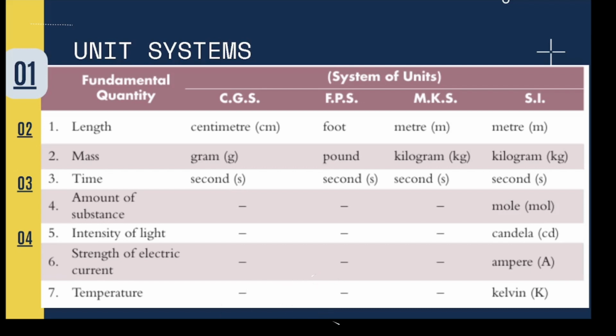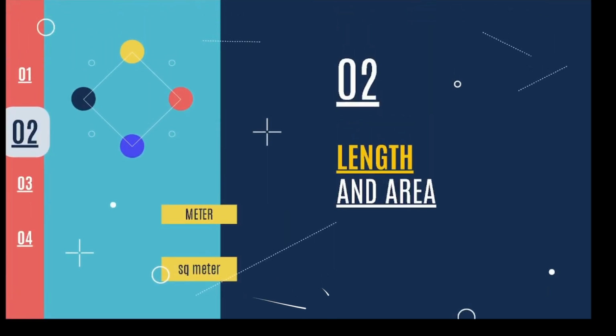So you can see the different units in different systems of units. In CGS we use centimeter, in FPS we use foot, in MKS we use meter, and in SI we also use meter. MKS and SI systems are almost similar. So you can take a screenshot of these units. This topic we will discuss in the next video.